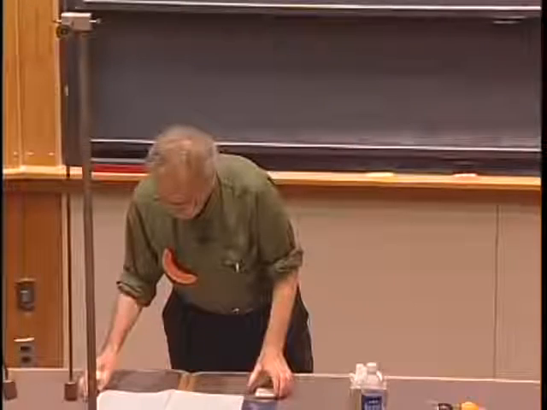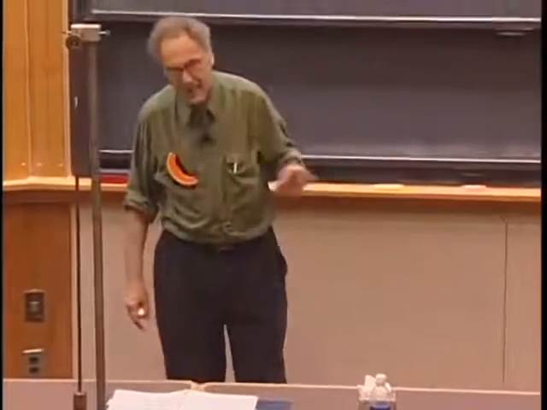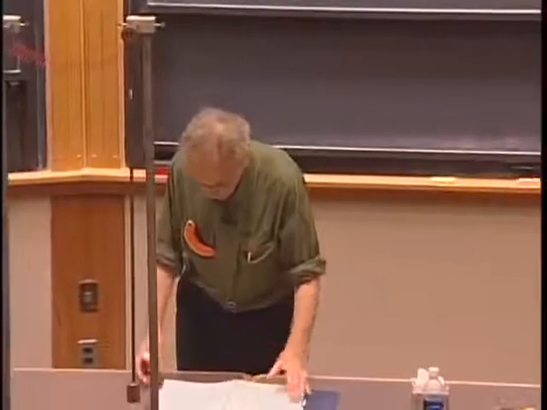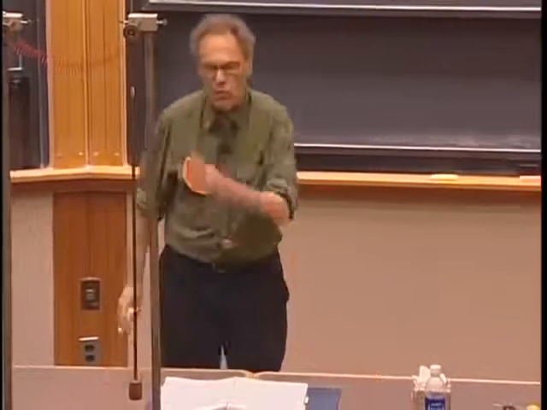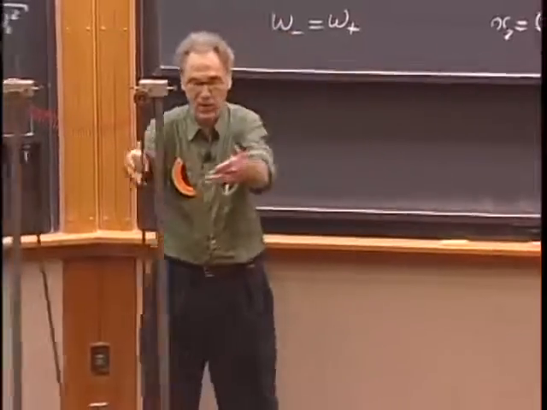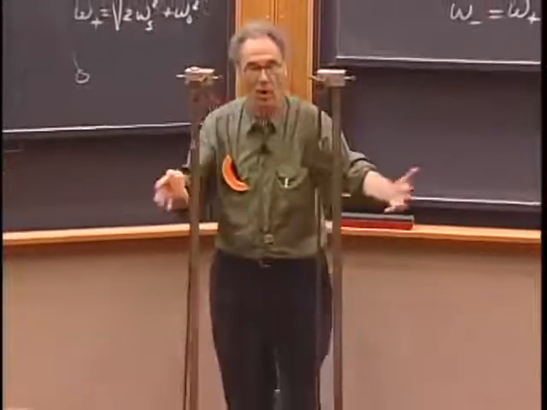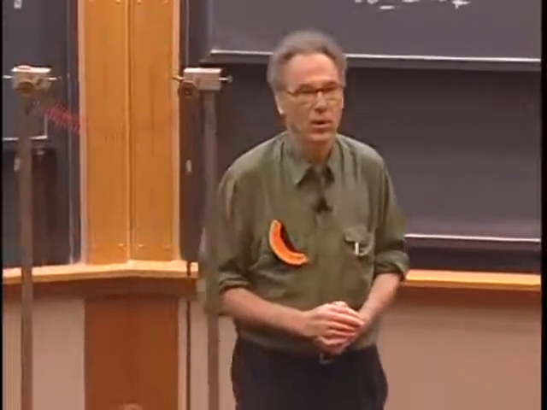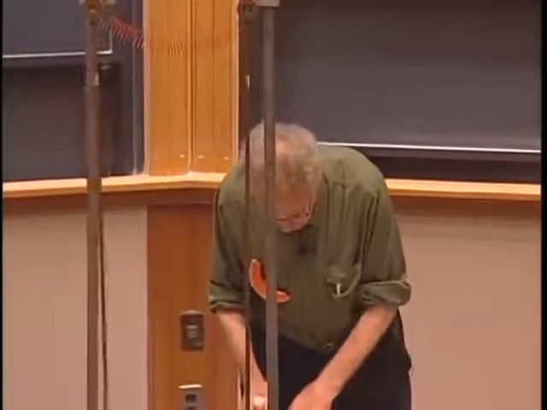So it is truly remarkable that we can describe, for any initial condition, the motion in terms of the linear superposition of the two normal modes. And so what originally looked like an impossibility when I started the first 30 seconds of my lecture with that demonstration, when I started them off in a random way, it looked so chaotic that it looked almost unimaginable that we would be able to sort that out and be able to predict the motion of each one individually as a function of time.